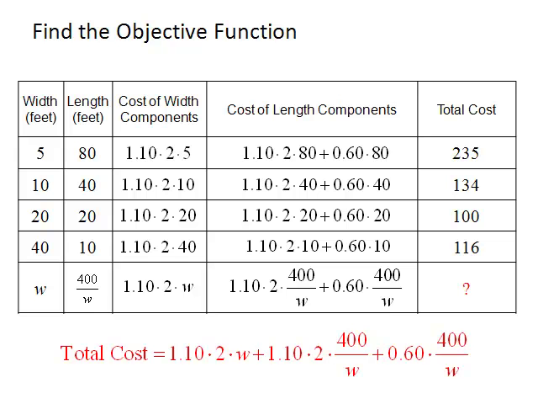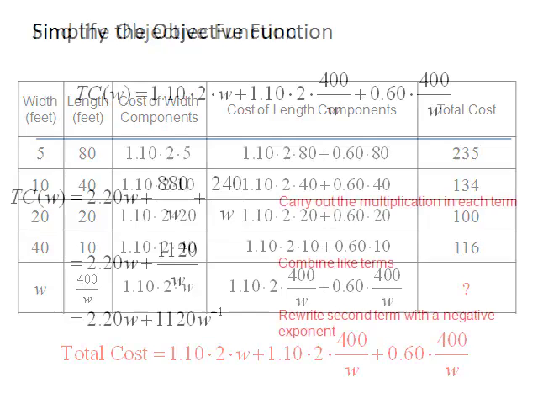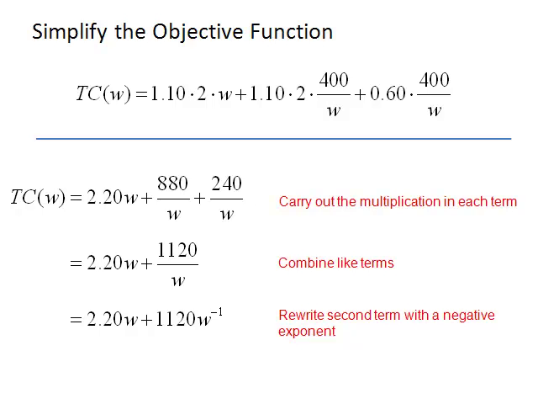The table helps us to recognize the patterns in the objective function. The total cost can be simplified to yield 2.20 W plus 1,120 times W to the negative 1 power.